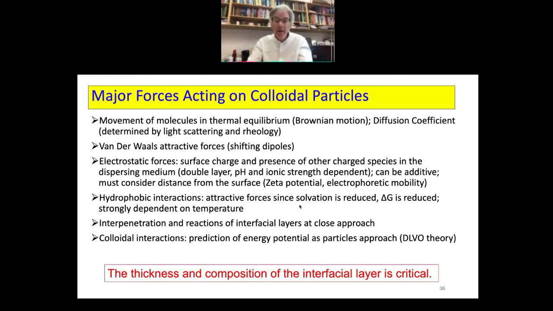We have hydrophobic interactions occurring, and this is because of the interaction between the head group of the emulsifying material and water. And so, if there is the ability to cause a dehydration and bring particles together, you will get hydrophobic interactions occurring as a result of that.